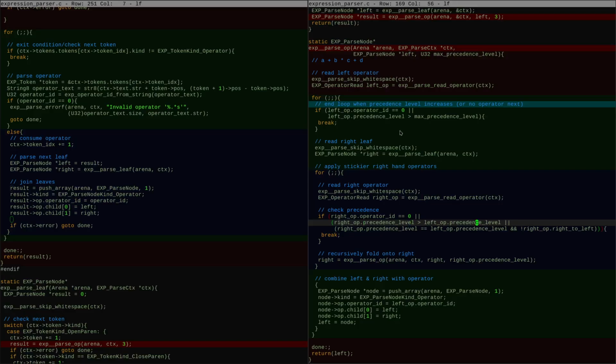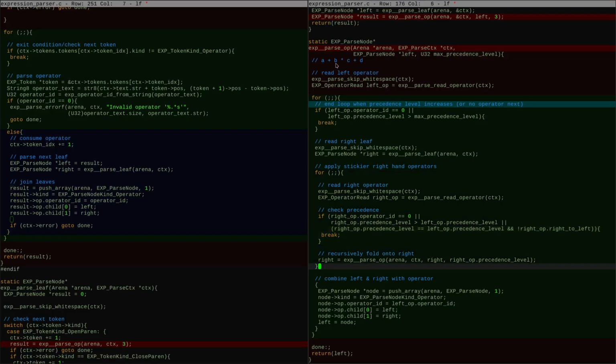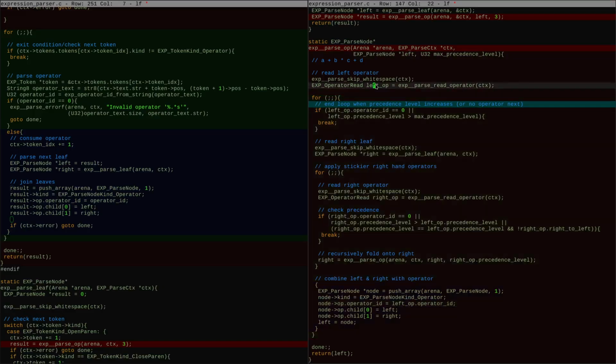The right operator would be greater than the left because in this spot here, because that's a plus and that's a times, so that'll be a 2 and a 1. So that'll be true. And so we'll break out of here. We'll combine the B times C here because we'll have that left operator times at this level.